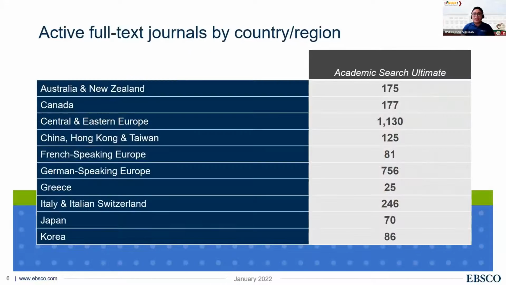I mentioned earlier that our content from Academic Search Ultimate is growing, po, in international coverage. So this particular slide only presents the number of active full text journals in a particular country or in a particular region. And currently, we have also been actively licensing journals, po, of different institutions in the Philippines.